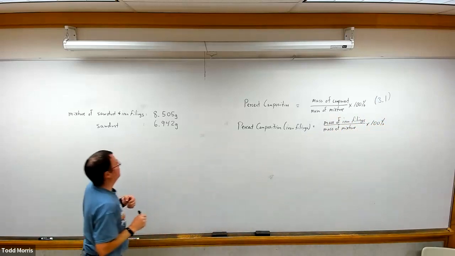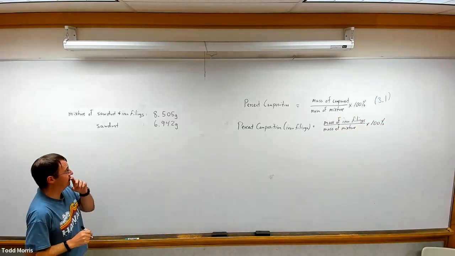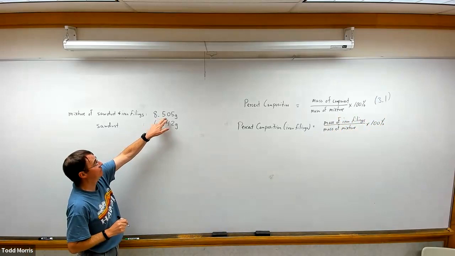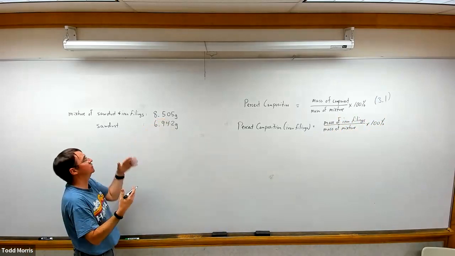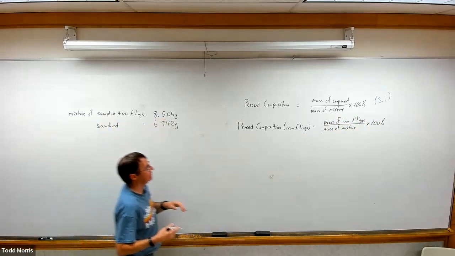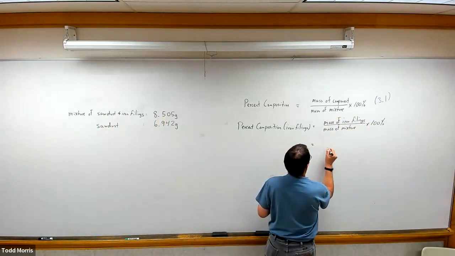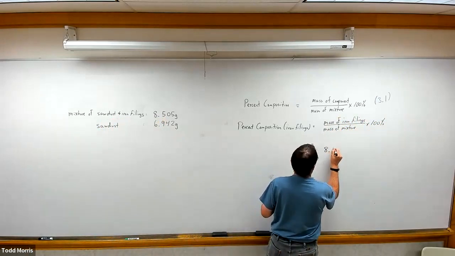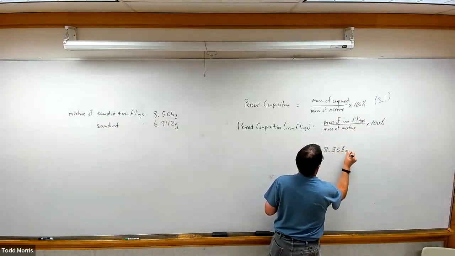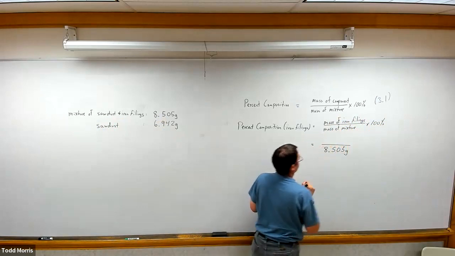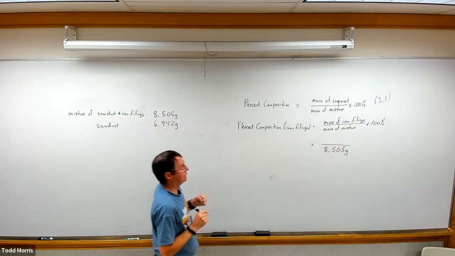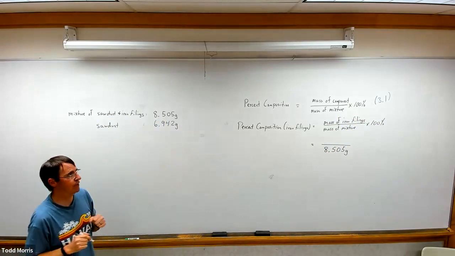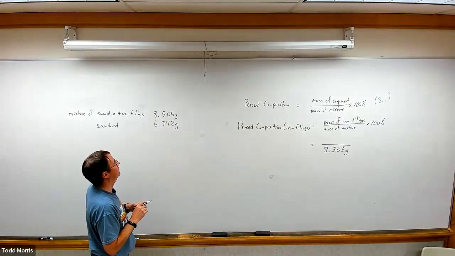So going back to our numbers, we know that our denominator is 8.505 grams. This is the total mass of my mixture of sawdust and iron filings. So then all I need to do is find the mass of the iron filings, divide that by 8.505 times 100, and get my answer.